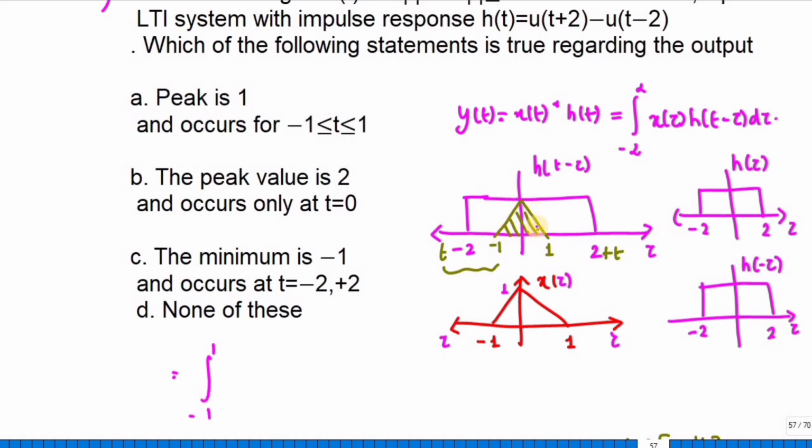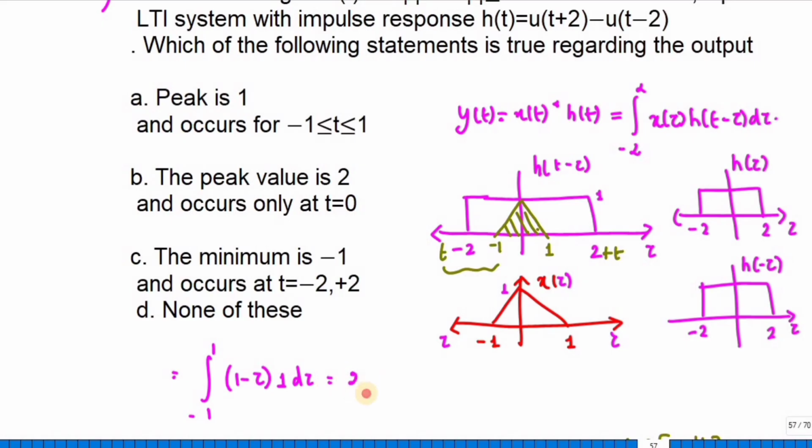Since this portion is intersecting, instead of 1 - |t| I can write 1 - |tau|, and the amplitude of h(t - tau) is 1. So 1 into d tau.